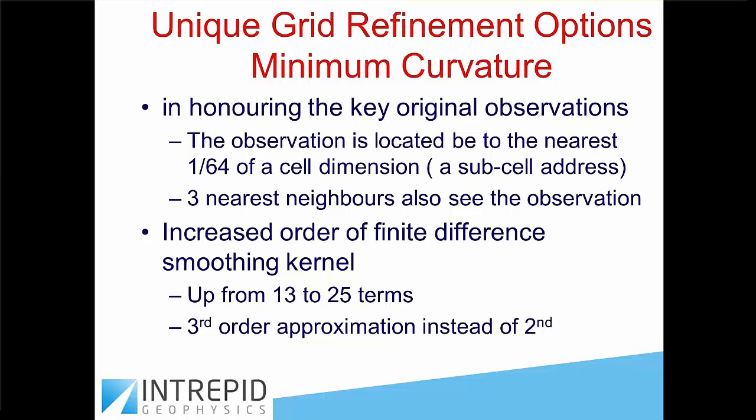In honouring the key original observation, the observation is located to the nearest 1/64th of a cell dimension, and the three nearest neighbours also see the observation. And we've increased the order of the finite difference smoothing kernel from 13 up to 25 terms, and we're using a third order error. We therefore get a resulting third order error term rather than the second order error term as a benefit.